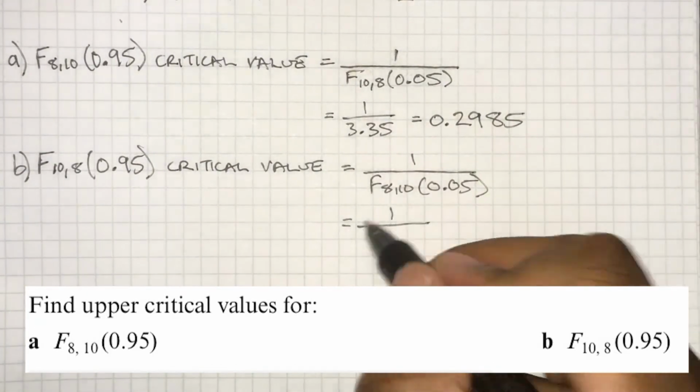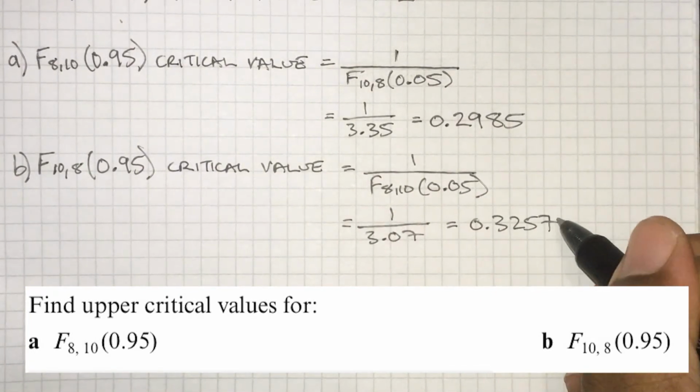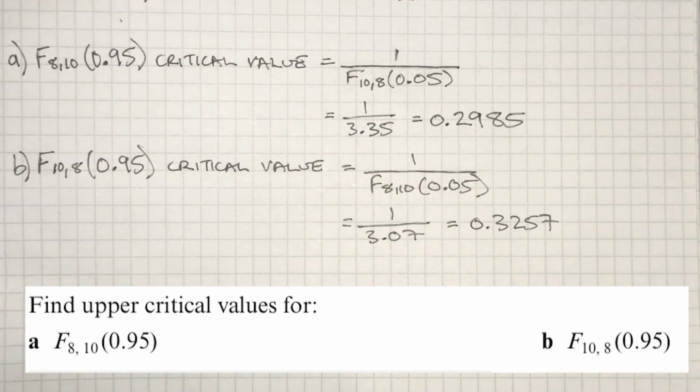And we're working at the 5% level. So that gives me 1 over 3.07, which gives 0.3257. Okay, so if a probability is not either 1% or 5%, we're going to look to do this reciprocal equivalence.